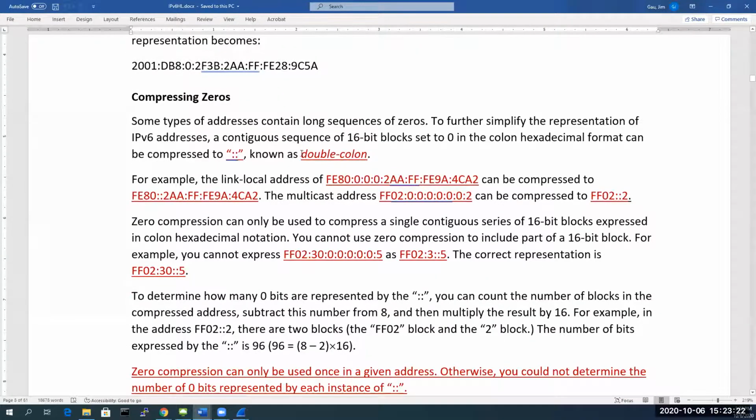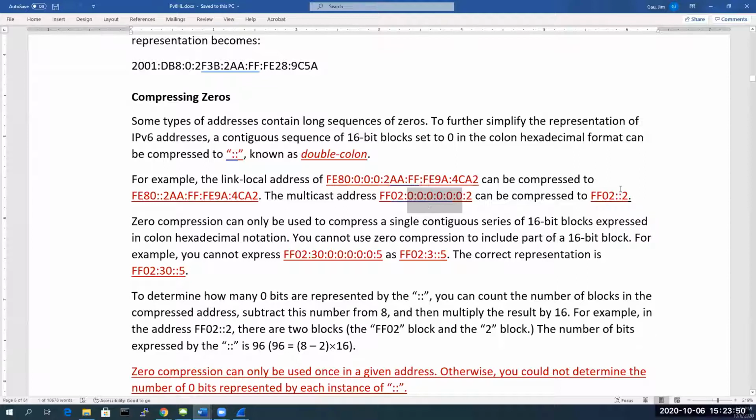to go through. There's a double colon notation here: if you have a run of zeros in between, for instance, as I have about 6 zeros in between, now we can zip it up and abbreviate it to 2 colons here. The double colon will be expanded, filled with all zeros in between the front and the back, all the way to 128 bits.